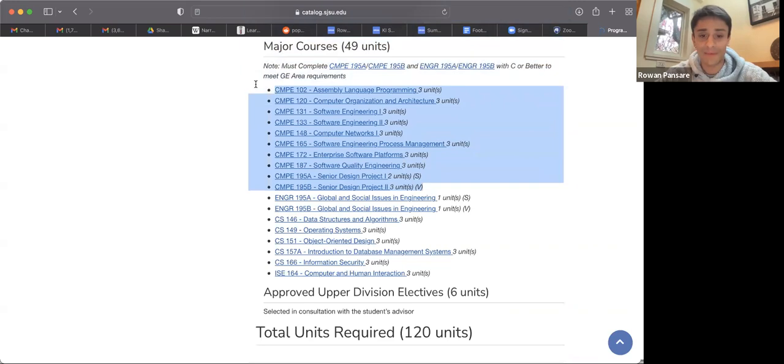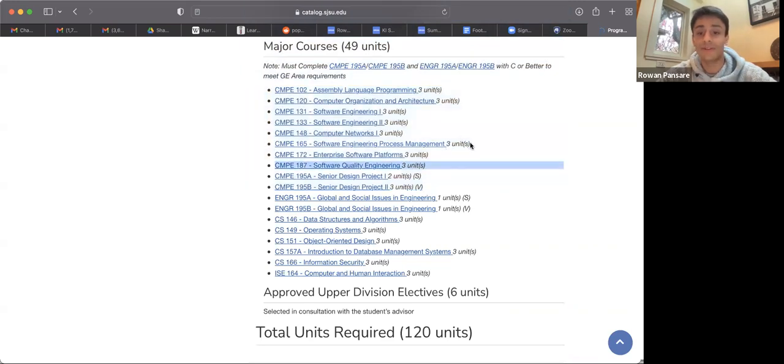For example, right now I'm taking software quality engineering and software engineering process management, and these classes are taught by a professor who's not a software engineer and doesn't have a CS background. So it doesn't feel great, right?